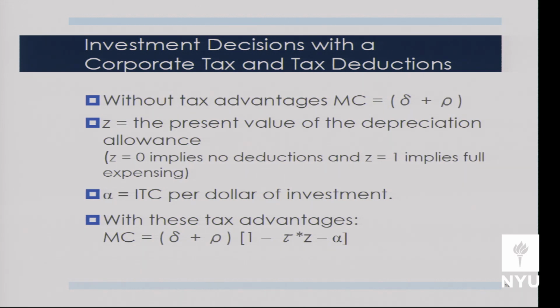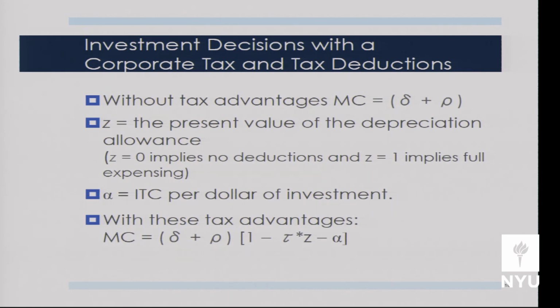Remember Z? Z is the ratio of the PDV of the depreciation allowances to the purchase price of the item, to the cost of the item, right? Z was PDV of allowances divided by cost of item. The higher Z was, the more generous the depreciation schedule, right? The more accelerated it was.